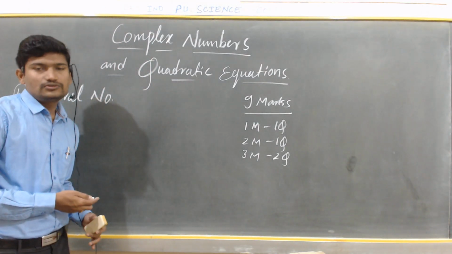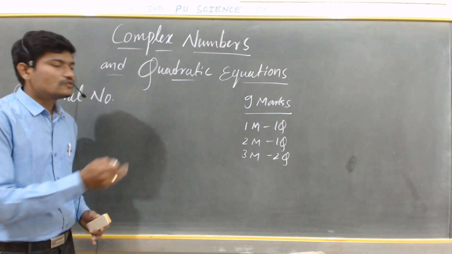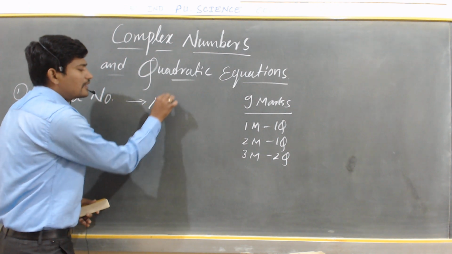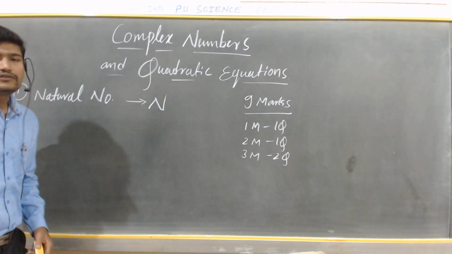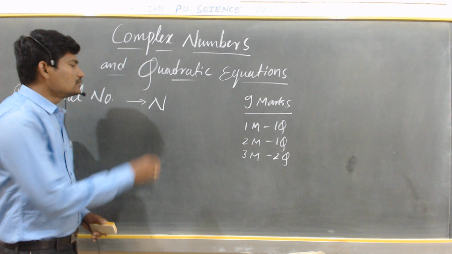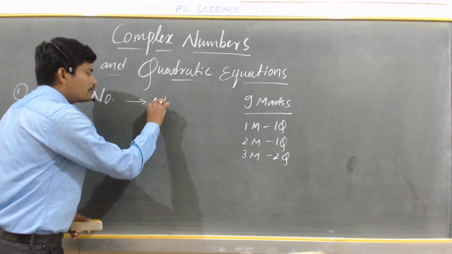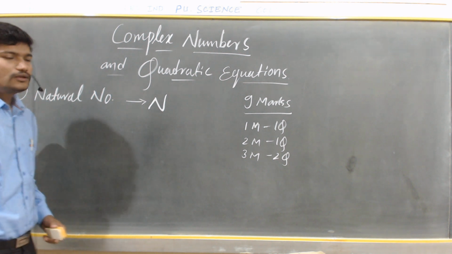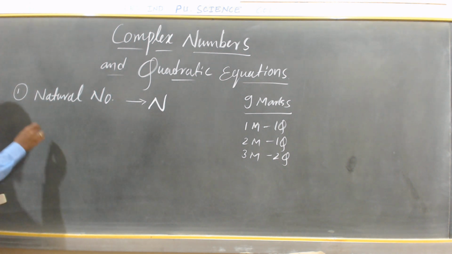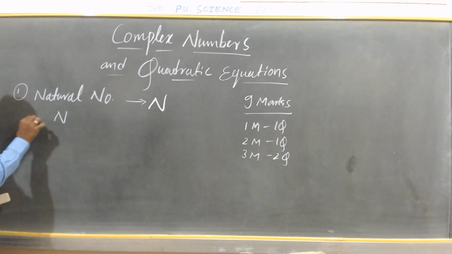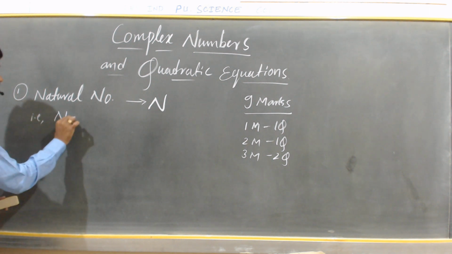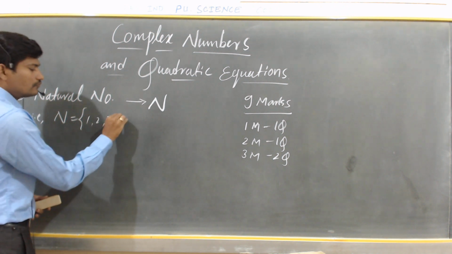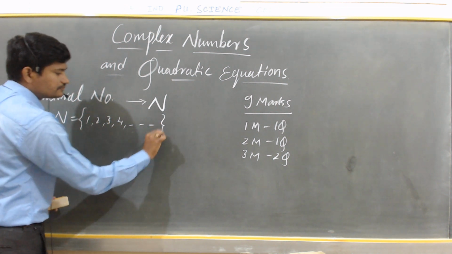These type of numbers we call natural numbers, and they are always indicated by the capital letter N. Next, symbolically we write N equal to 1, 2, 3, 4, and so on.